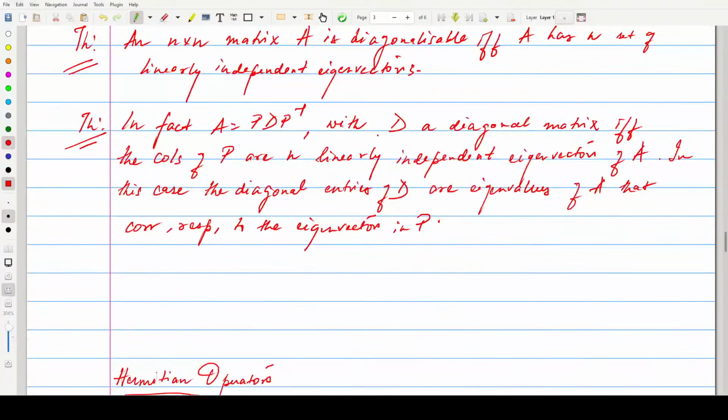Now, what does our second theorem say? It says that A equals P D P inverse with D as a diagonal matrix if and only if the columns of P are n linearly independent eigenvectors of A, which we have done over there. In this case, the diagonal entries of D are eigenvalues of A that correspond respectively to the eigenvectors in P, right?